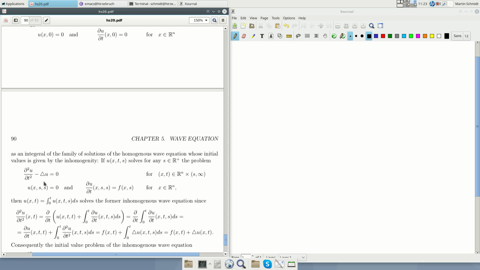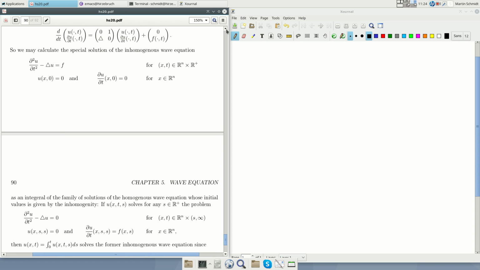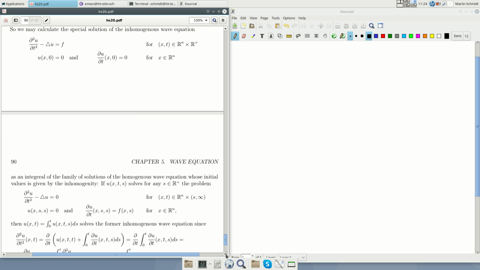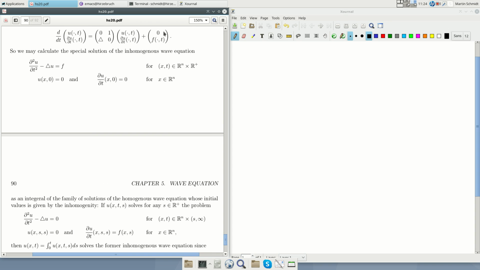Since f is only in the second component, this means it should be the initial value of the derivative, and the initial value of the function itself should be 0, since in the inhomogeneity we have 0 in the first component.